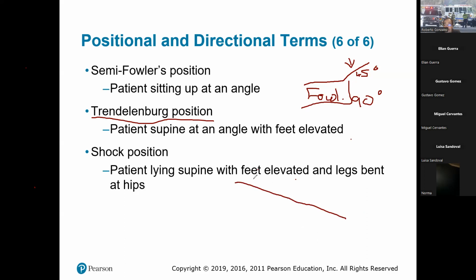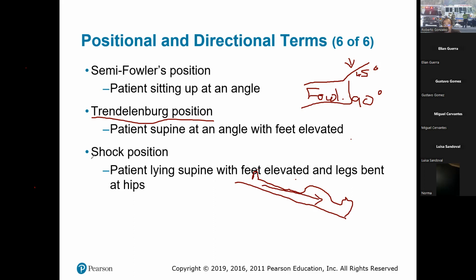That way, if the person's lying down like this, all the blood that's supposed to be in the feet is now going to the vital organs because you elevated the feet, or the whole body, but in a straight position.